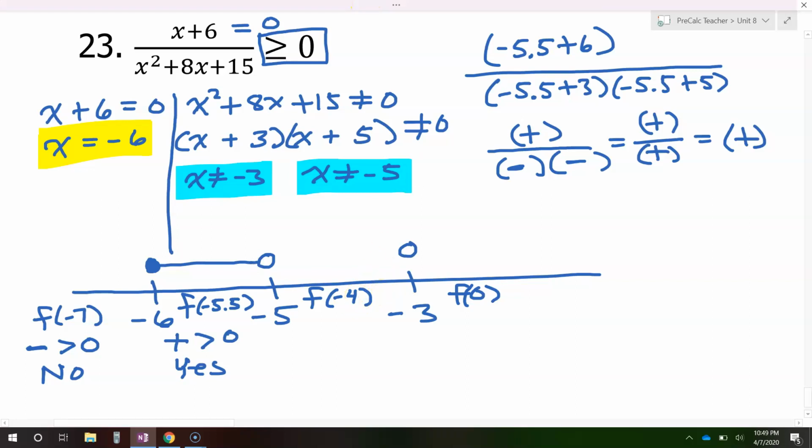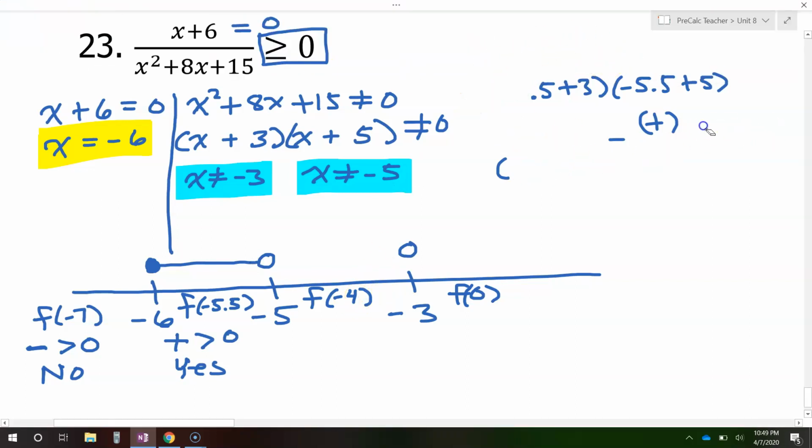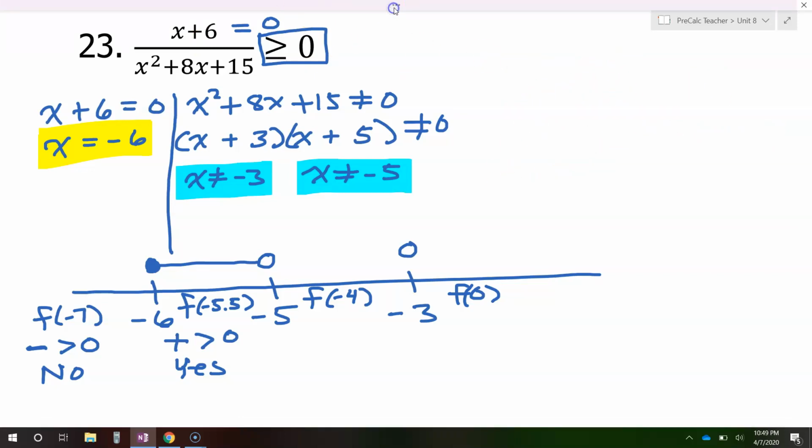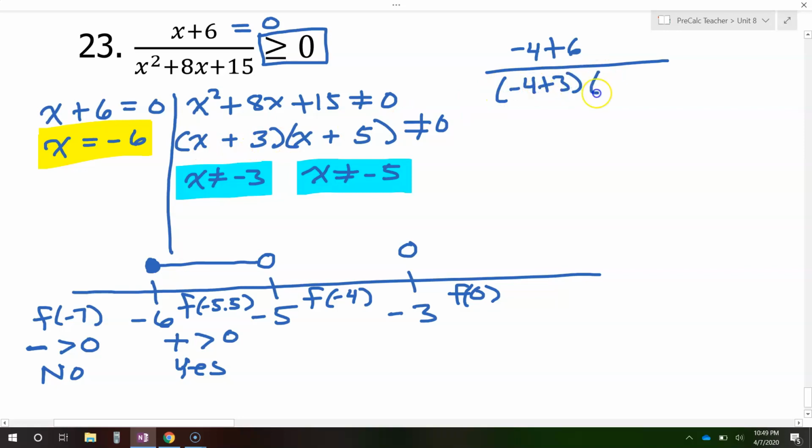Okay, time to check negative 4. All right, so that would be negative 4 plus 6 over negative 4 plus 3 times negative 4 plus 5.